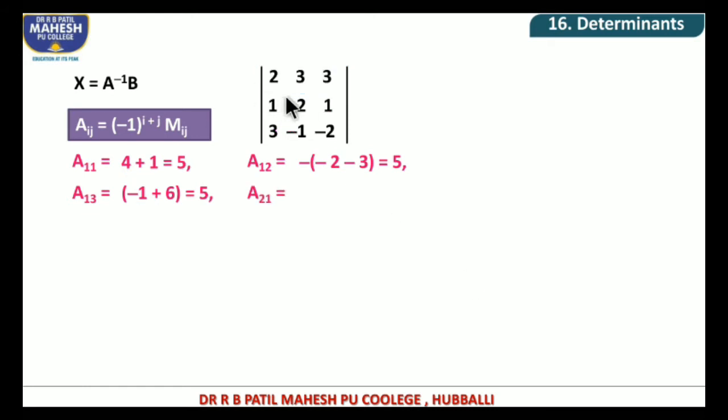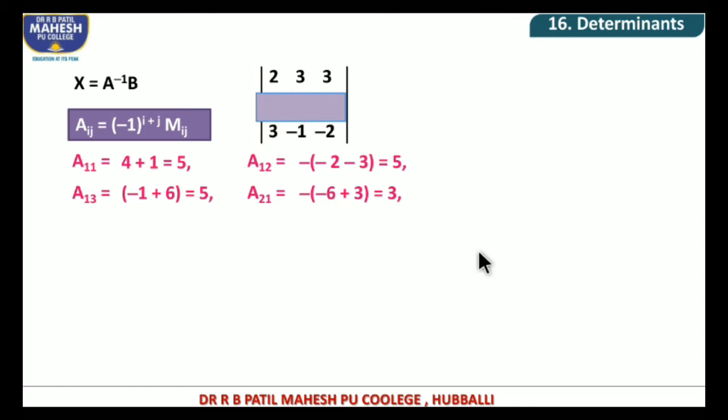Next for the second row we have the signs minus, plus, minus. Therefore for A21 we have the sign minus outside, and the remaining determinant value is minus 6 plus 3, which is minus 3. Minus of minus 3 becomes plus 3.